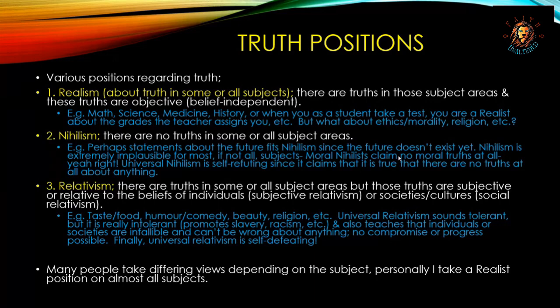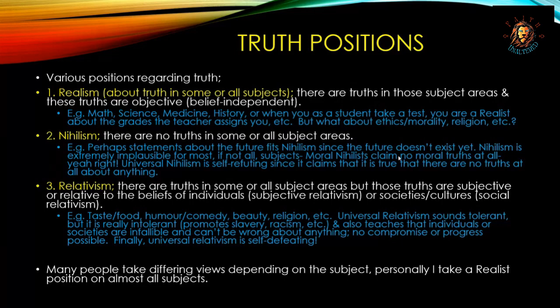So, for example, the first position related to truth is realism. Realism is the position that there are in fact truths in a given subject area, or in all subject areas, whatever you're a realist about. So I could be a realist about mathematics, and I say there are truths in mathematics. Or I could be a universal realist: every single subject, there are truths to those subjects.